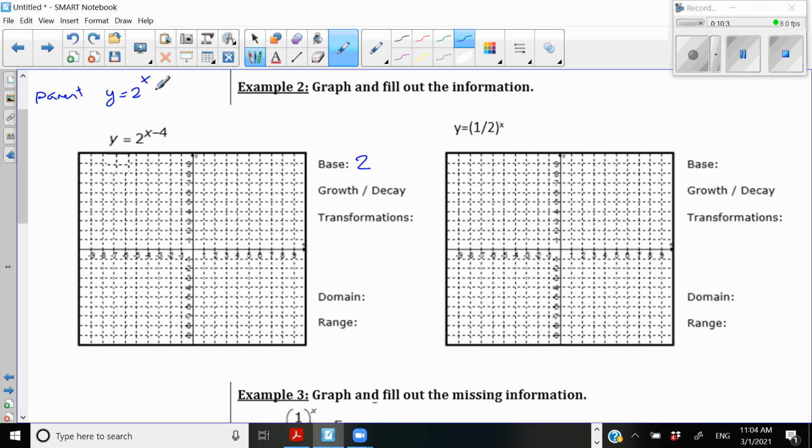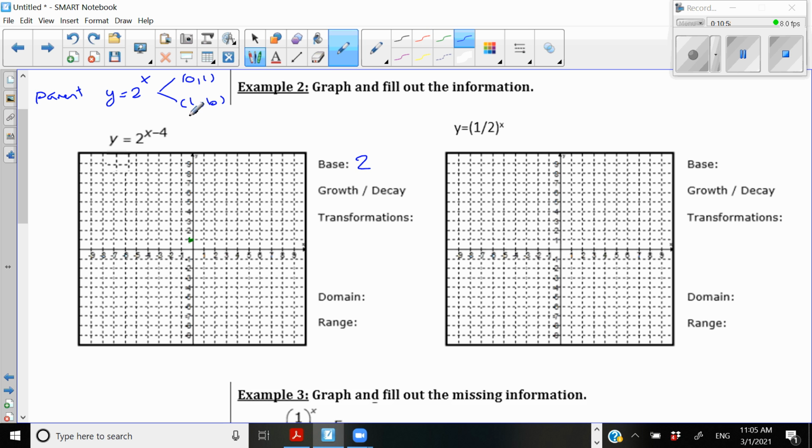And we learned that any parent function contains two specific points. One of them is 0 and 1. The other one is 1 and the base, which is 2 here. So these two are on our parent function. I'm going to graph them here, 0 and 1, plot them here, and 1 and base. The base here is 2.